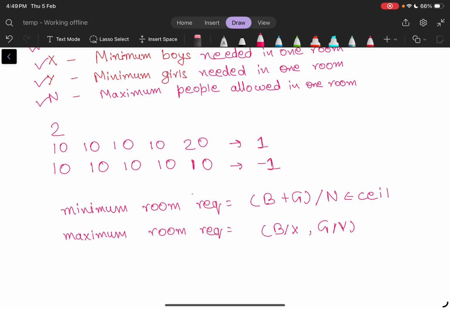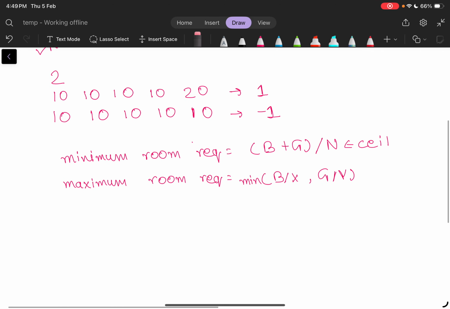Whichever is the minimum value of these, that will be our maximum room required. So now we have the min value and the max value.